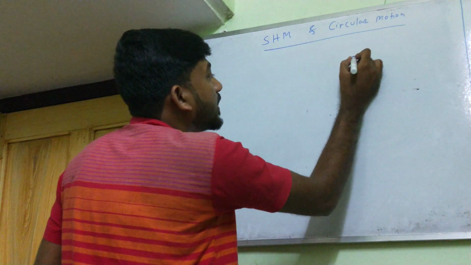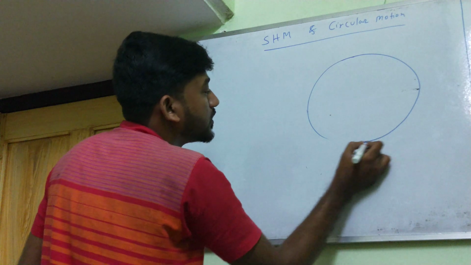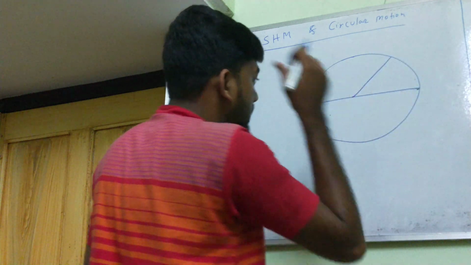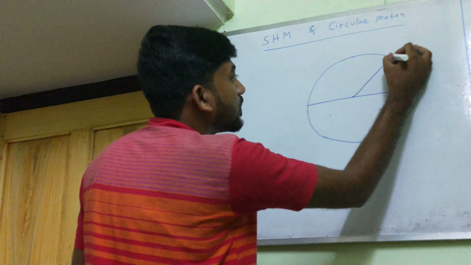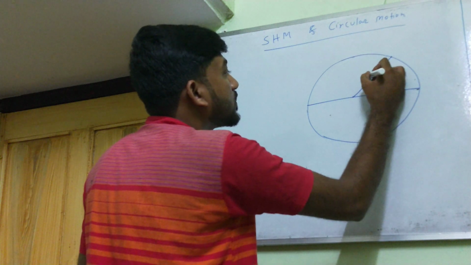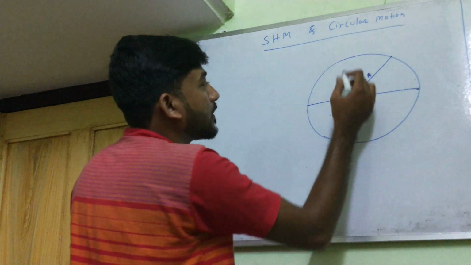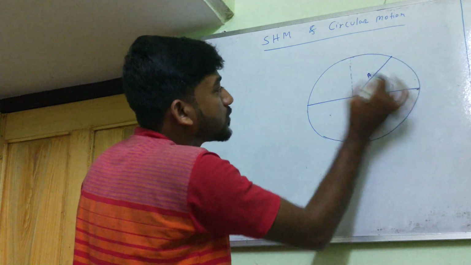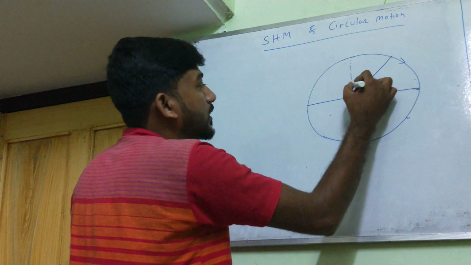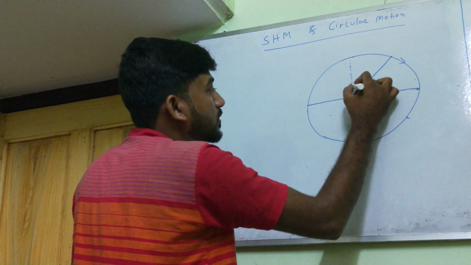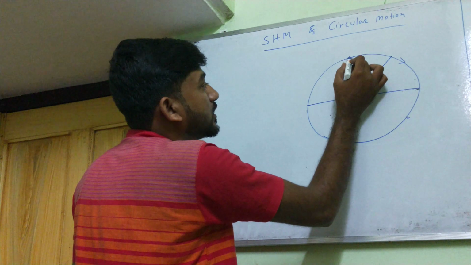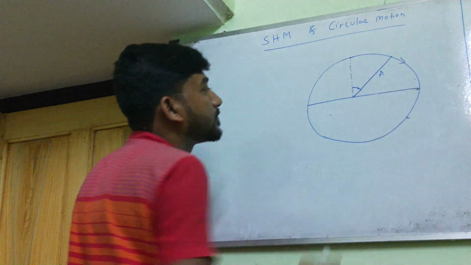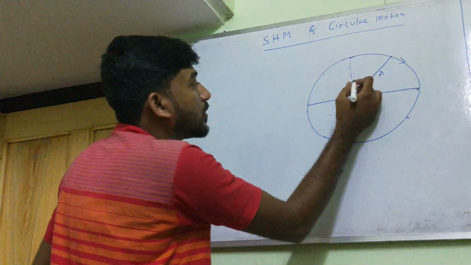If we again draw the circle like this, this is the radius, and we will take the radius as A. Now if we take the anticlockwise rotation in this direction, then after a certain time interval t, it will go from this point to this point, and the angle will be omega t.